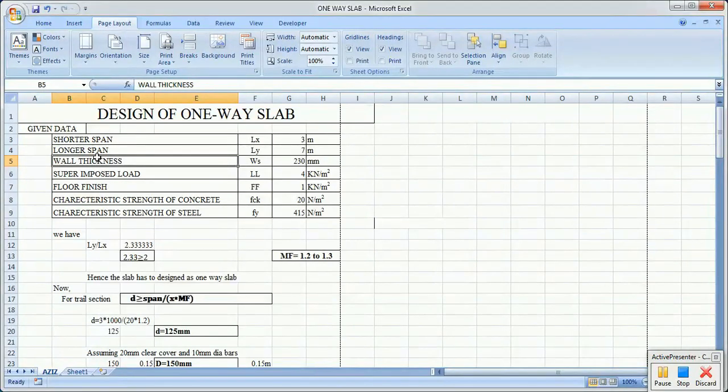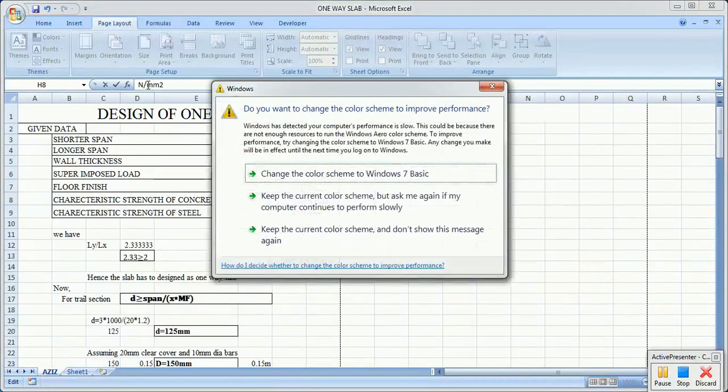Then the superimposed load is given, that is 4. Floor finish is given as 1 kN per meter square. The characteristic strength of concrete, FCK, is also given, that is 20 Newton per mm square, and the characteristic strength of steel, FY, is given as 415 Newton per. Here it is not meter square, it should be mm square. Newton per mm square.